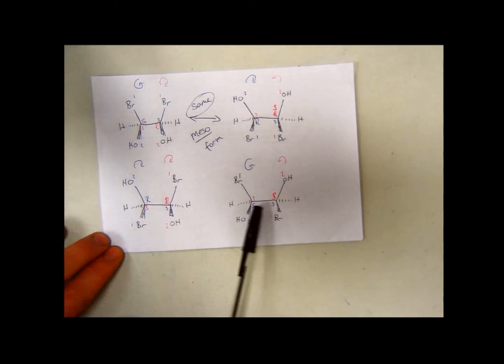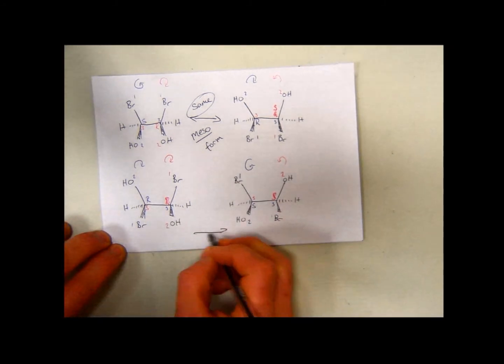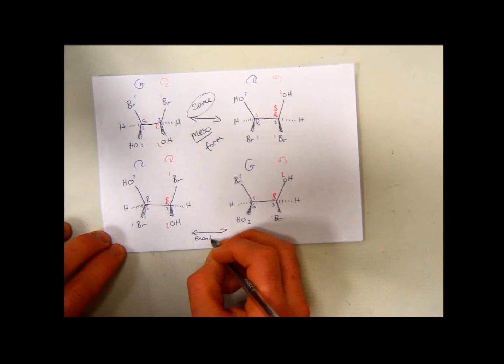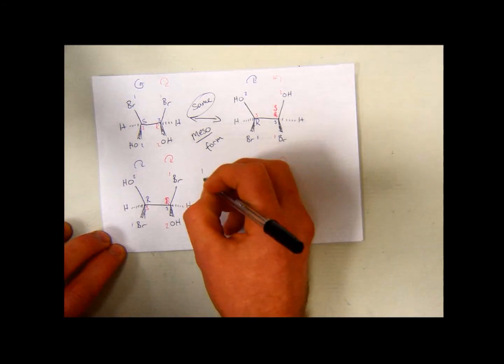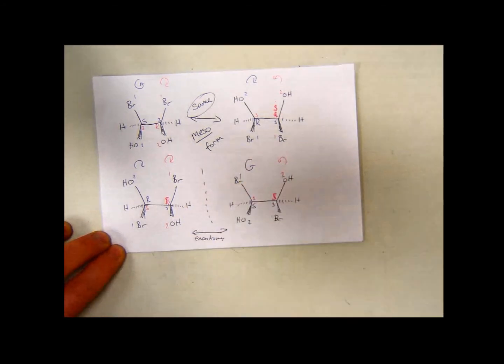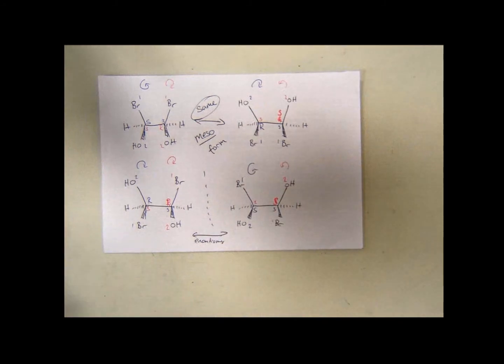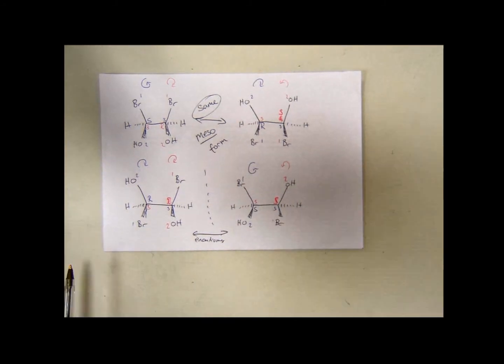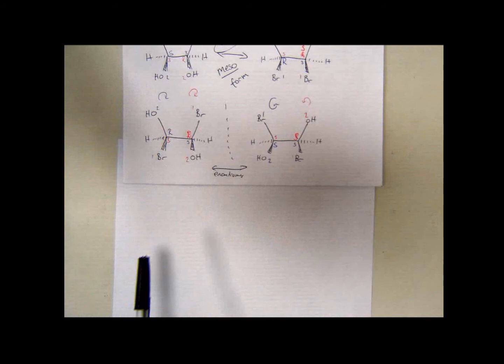Again, we can see that these 2 molecules are enantiomers because they are mirror images of each other. This time we've seen that 2 equivalent stereocentres actually gives only 3 stereoisomers.